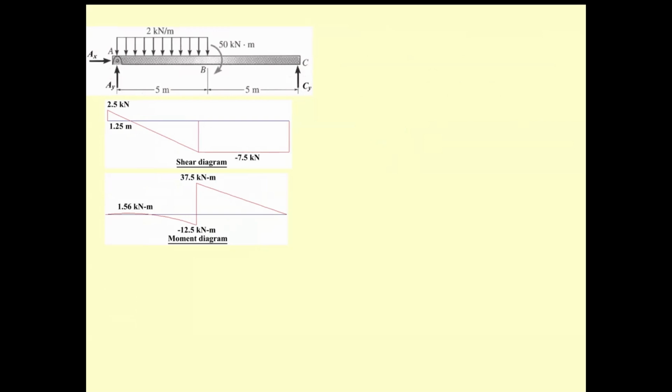Okay, and then for the shear, we have first dV by dx equal to minus w. You need to write it. Okay, that's how you recall it. And then second, you have delta V equal to minus what? The area of w.